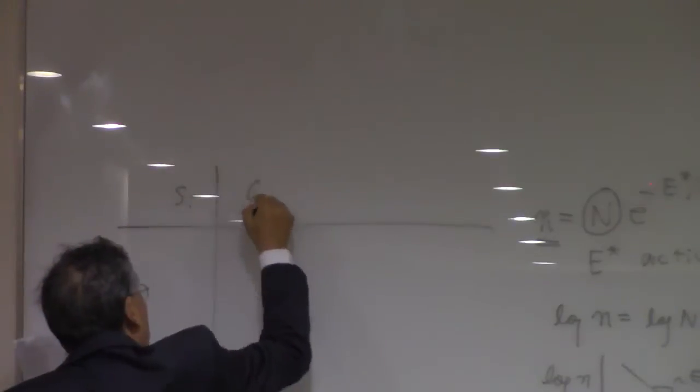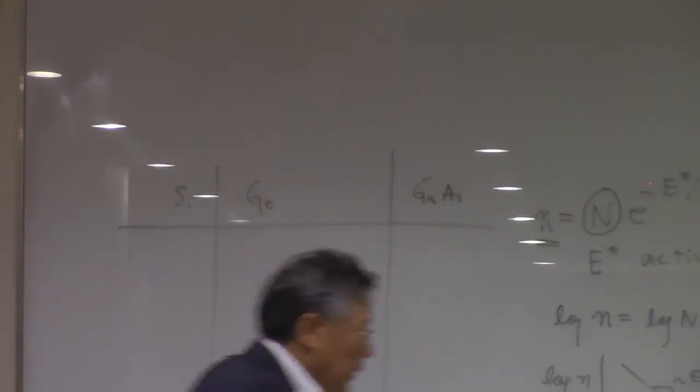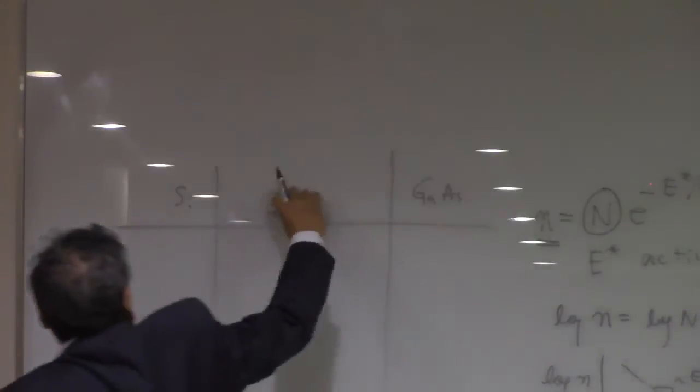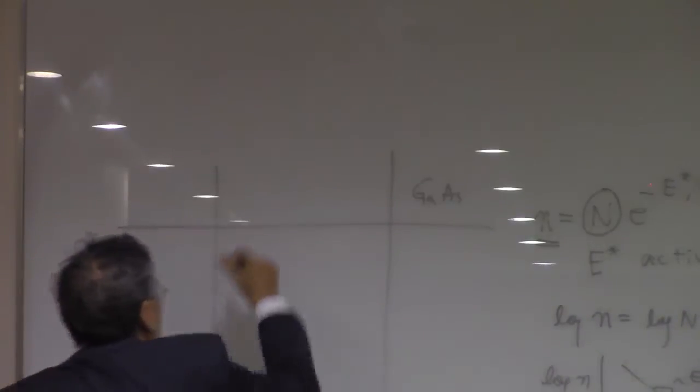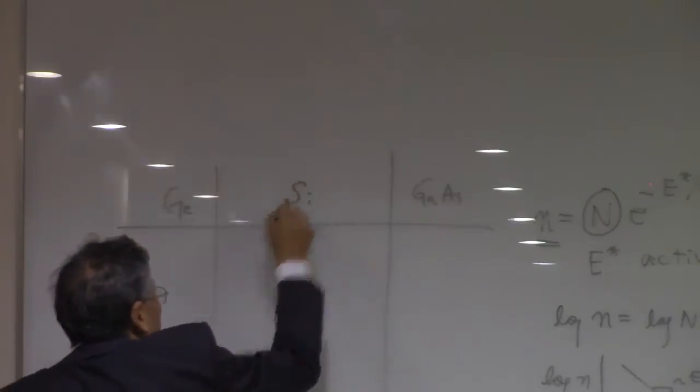Germanium and gallium arsenide. I should write them in the order of invention. First we have germanium. That is the first ever known semiconductor, in 1949, right? And then silicon.